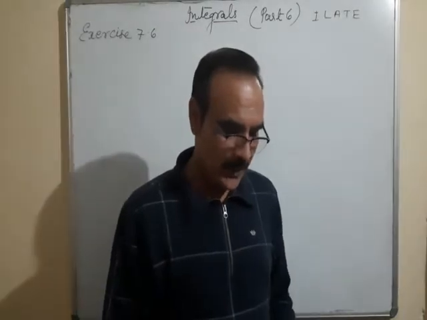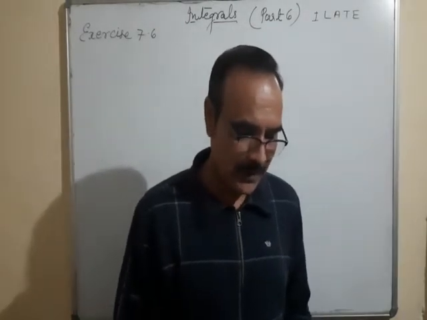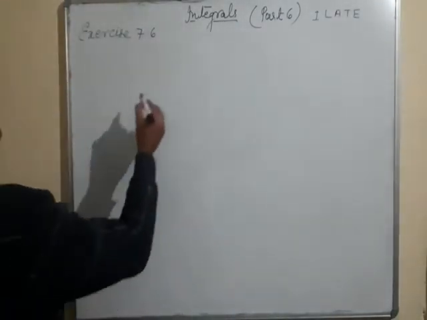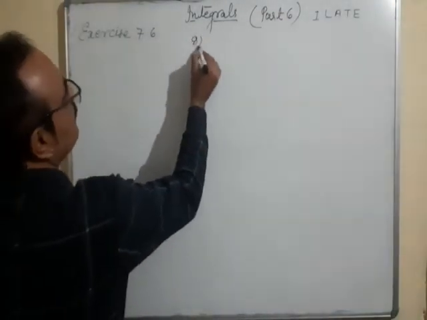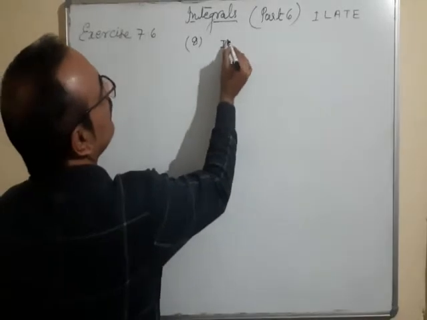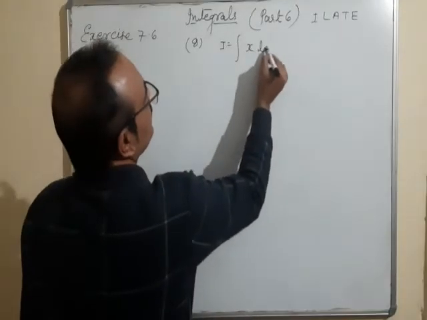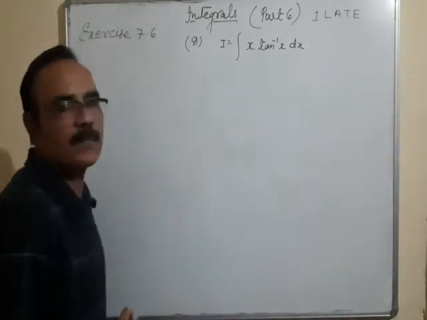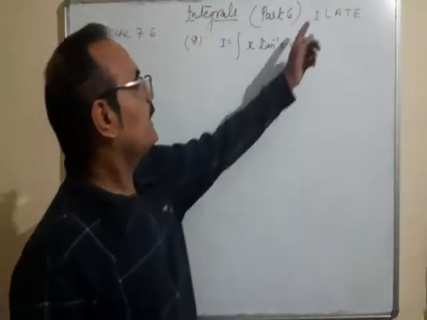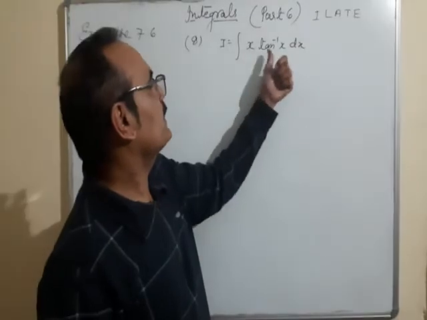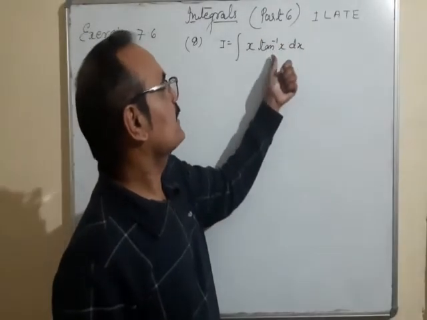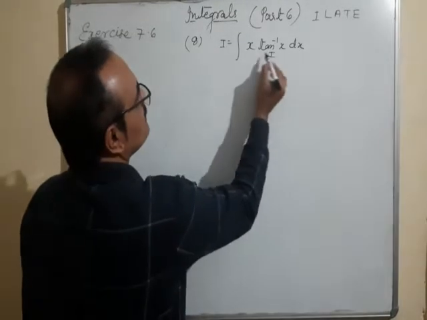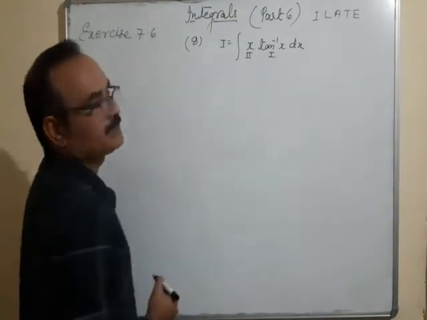Suppose I want to take here x tan inverse x, question number 8. Integration of x tan inverse x dx. As per the rule, there is an algebraic expression and tan inverse x. So this inverse trigonometry is taken as first. It is first. This is second.